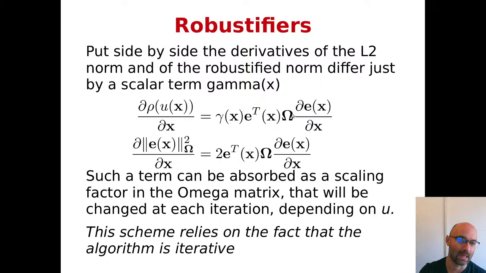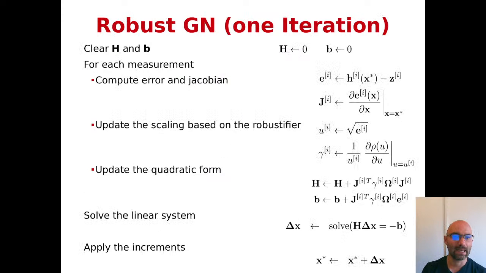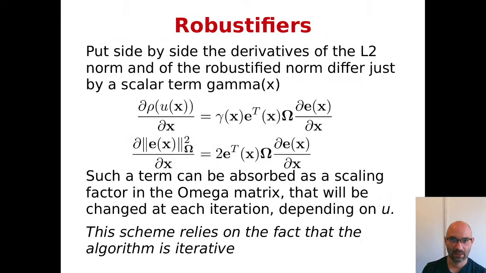This will be just omega prime, a new omega. Okay? And then, with this machinery, we figure out that we could just apply this trick into our optimization scheme in order to get rid of the outliers.